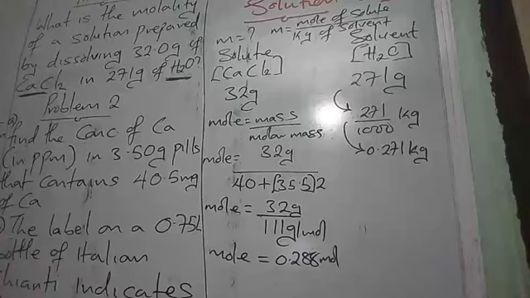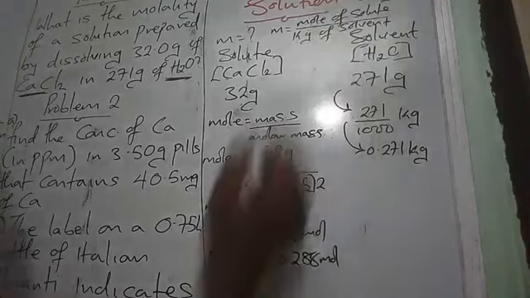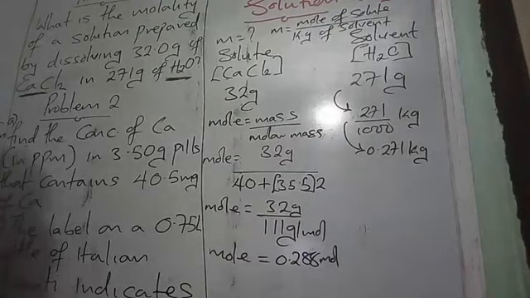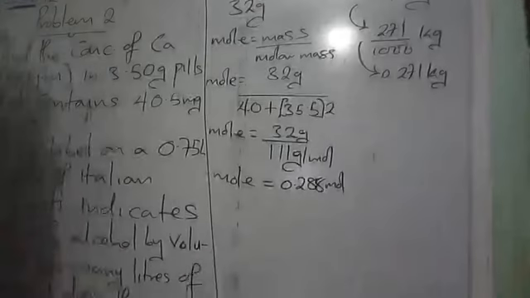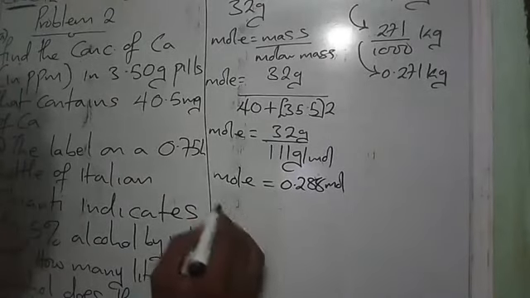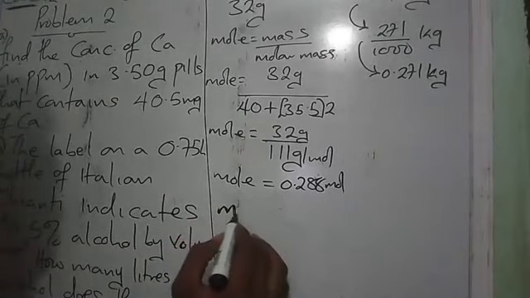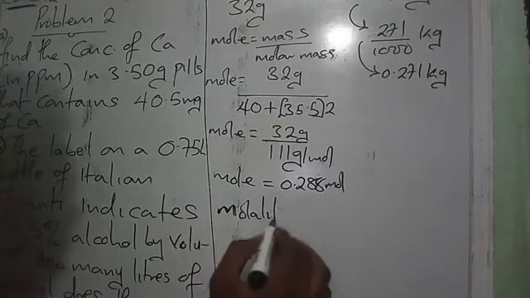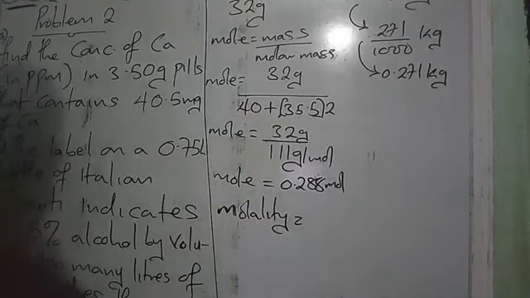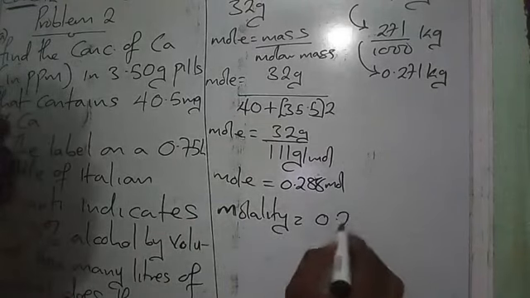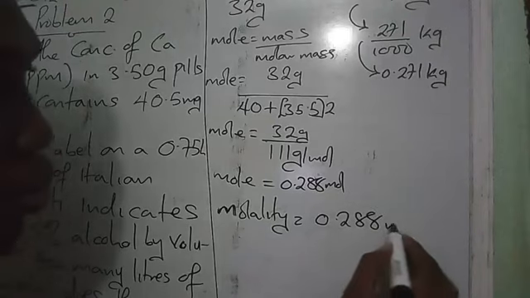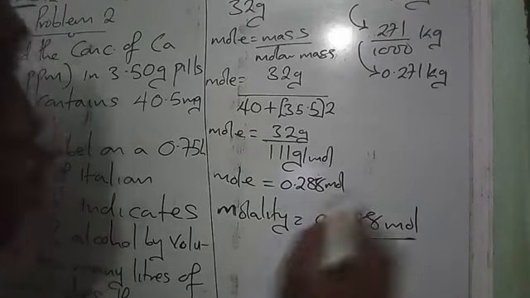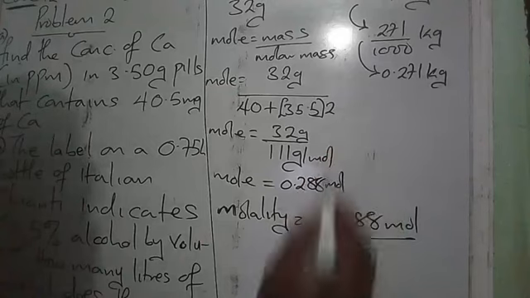So having done that now, we just slot it into our formula here. We're saying that molarity is equal to mole of solute, and our mole of solute is 0.288 moles over kilogram of solvent, which we got as 0.271.